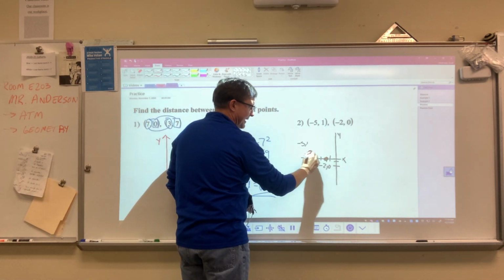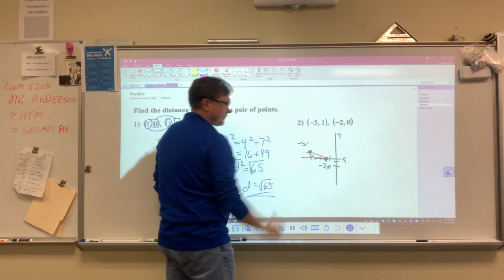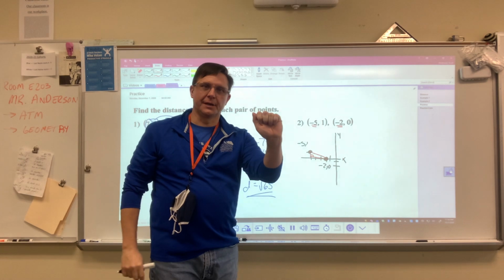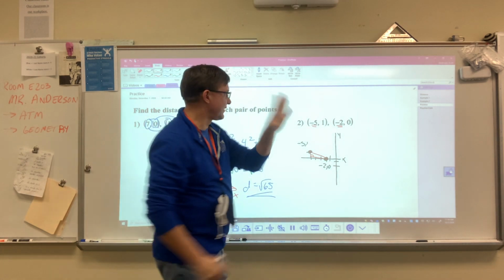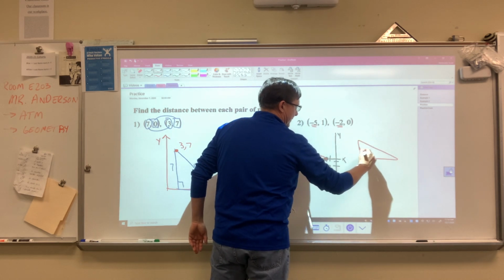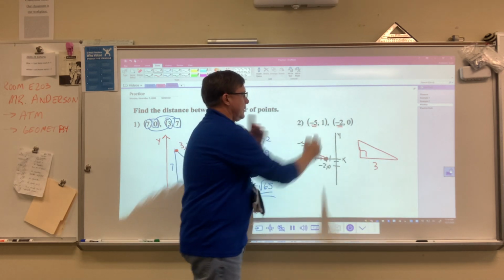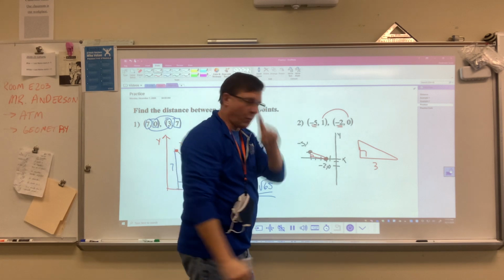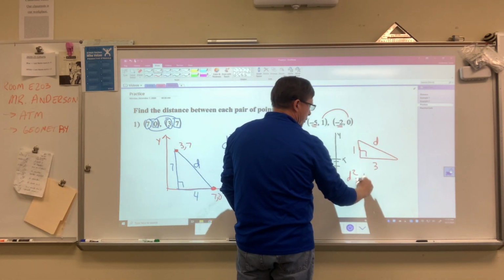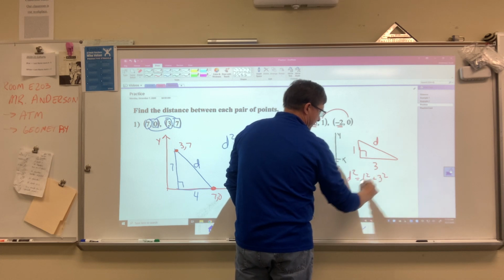Now you could if you make a great graph. So -5 to -2. Start at -2, -3, -4, -5. It's 3. Do the difference, that's what you'll get. So that's 3. 1 to 0, that's 1. That's d. d squared equals 1 squared plus 3 squared.